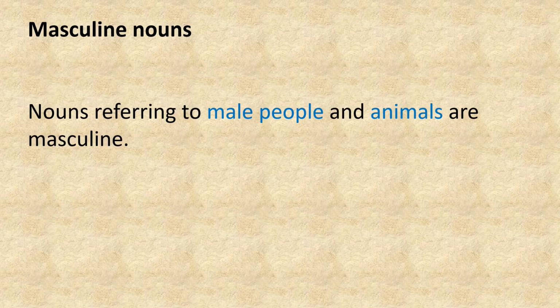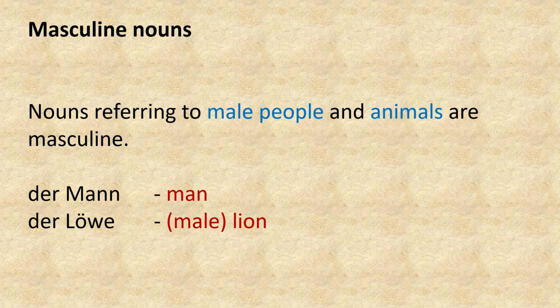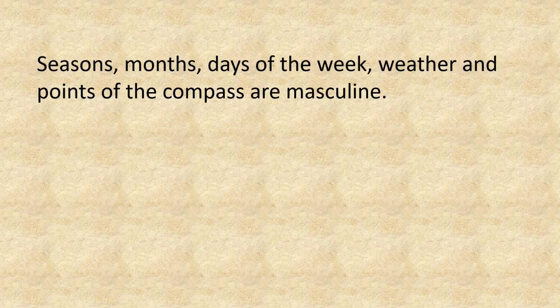Nouns referring to male people and animals are masculine. For example, der Mann, man; der Löwe, male lion. Seasons, months, days of the week, weather, and points of the compass are masculine.